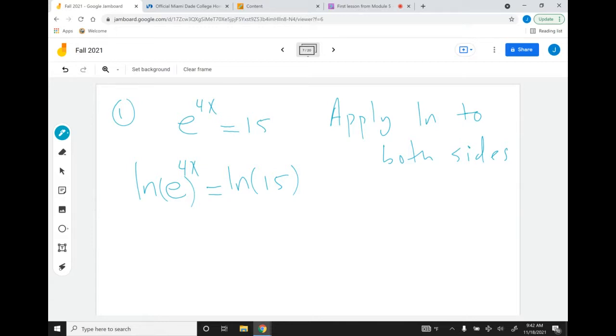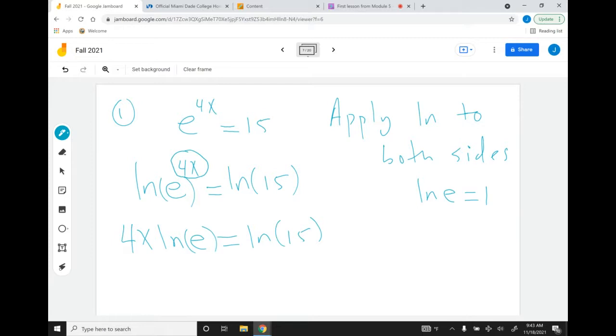But now I have gained access to a property that allows me to move the exponent to the front. So here it is, your exponent. You see how nicely that worked out? And where is ln of e? It's 1. See, now you're going to appreciate ln of e. ln of e is a beautiful thing.